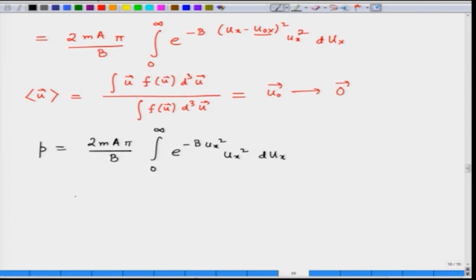And by using some techniques of gamma integration, you can easily say this will be equal to m A pi root pi by 2 b to the power 5 by 2. For this type of integration, I will give you a cheat sheet by which you can learn how to evaluate it.